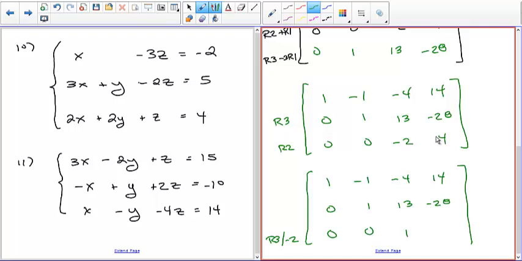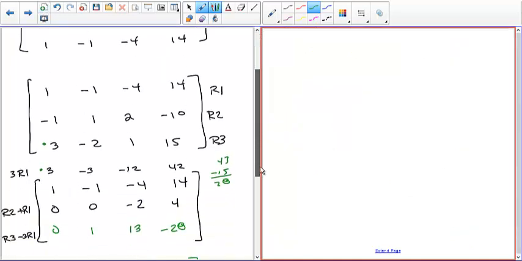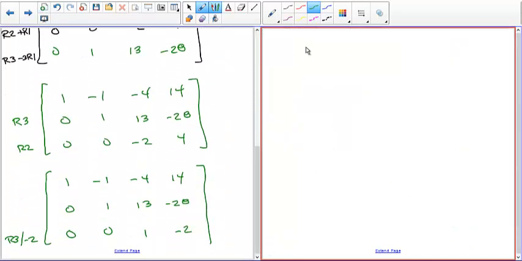Divide that by -2, I get -2. Okay, so what that's saying is the equivalent equations are x minus y minus 4z equals 14. So that's this one. Then you got y plus 13z equals -28. And the final one says z is equal to -2.